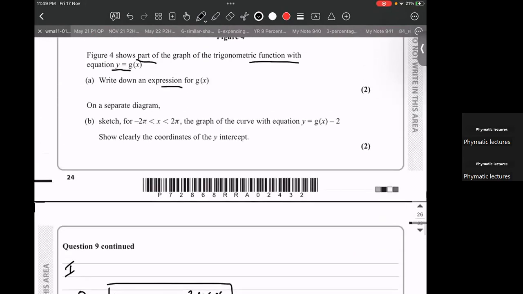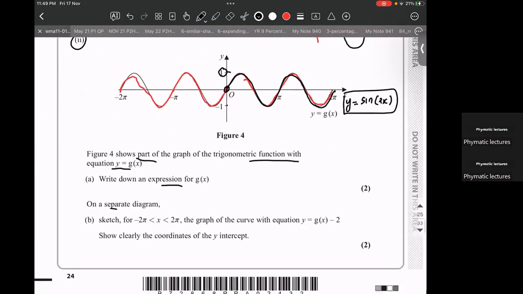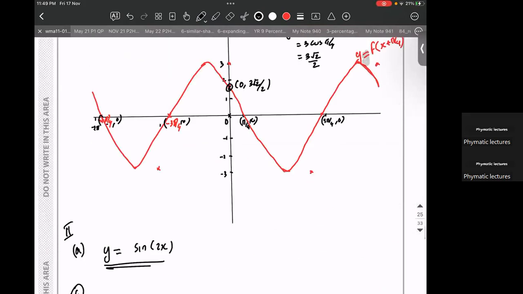Then move to part b of this question. On a separate diagram, sketch the graph from minus 2 pi to 2 pi of g of x minus 2. Show clearly the coordinates of the y-intercepts. So first of all, we will just copy down the mother function.